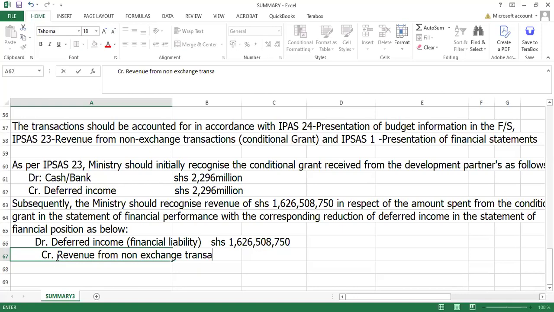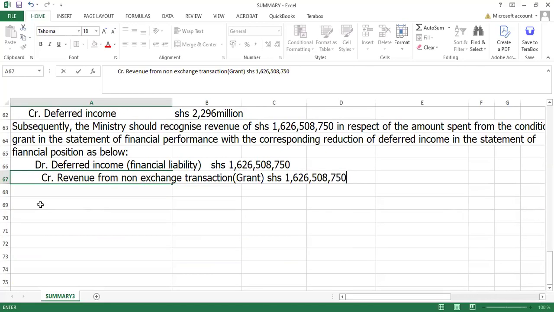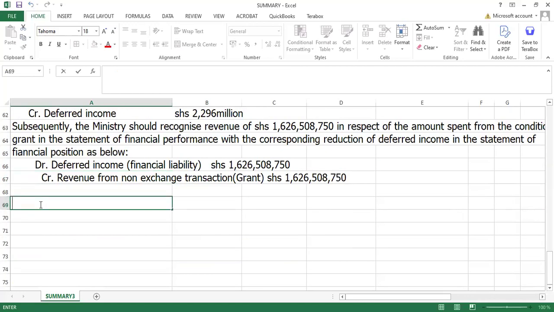You can now go ahead and recognize it as your actual amount in your books as revenue. Okay, so that's what you do. Are we together at this point? Yes.